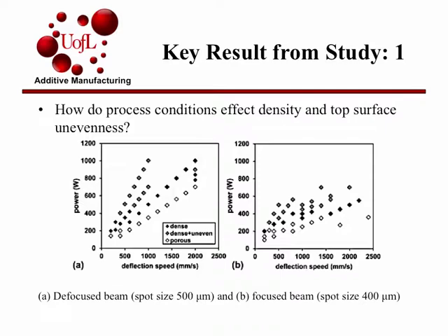In both cases, each marker is a different process parameter condition, and the black dots are what was preferable. If it was white, then it was porous, and if it was gray, then it was dense, but it was also uneven. And we'll get into why that happened. But that was the same in both cases, except the slope is changed on the right.